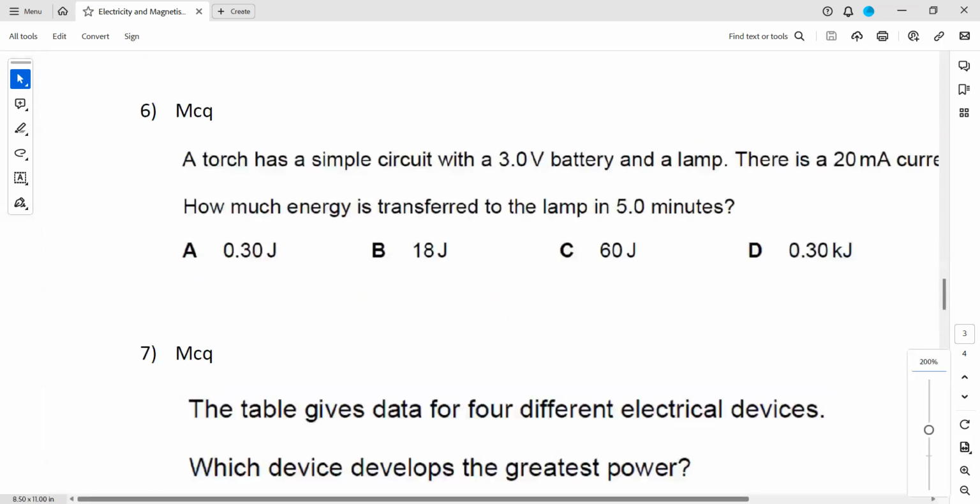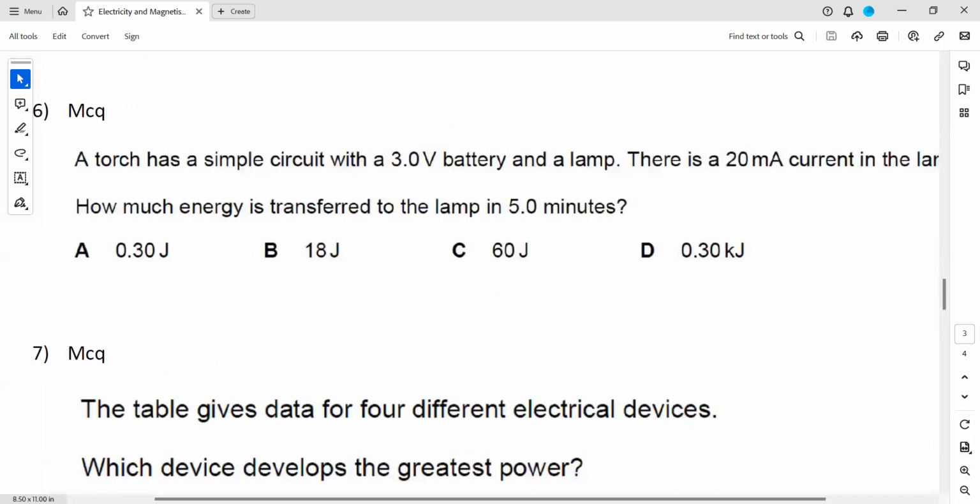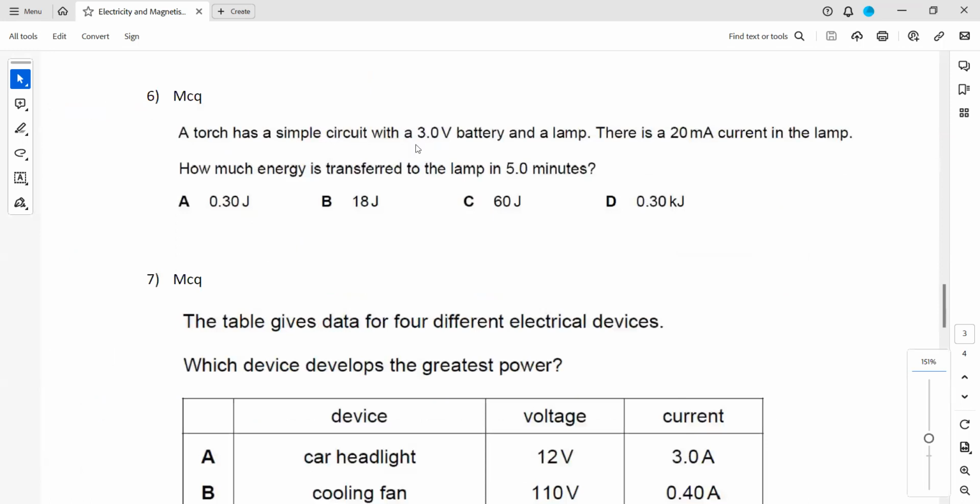A torch has a simple circuit, which is operated by a 3 volts battery and a lamp, 20 milliampere.